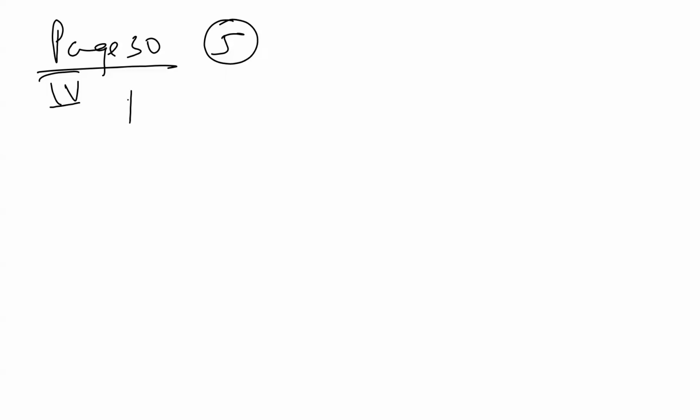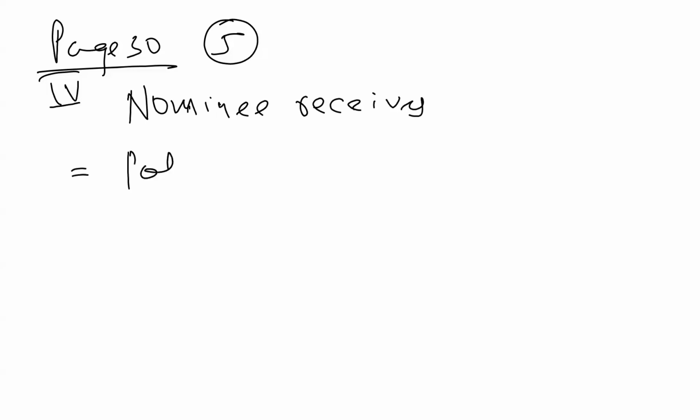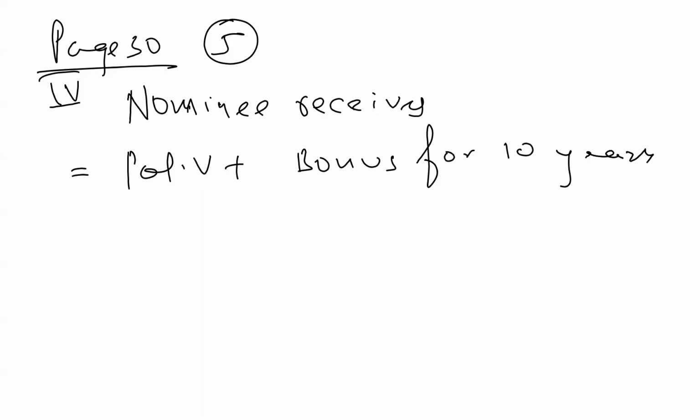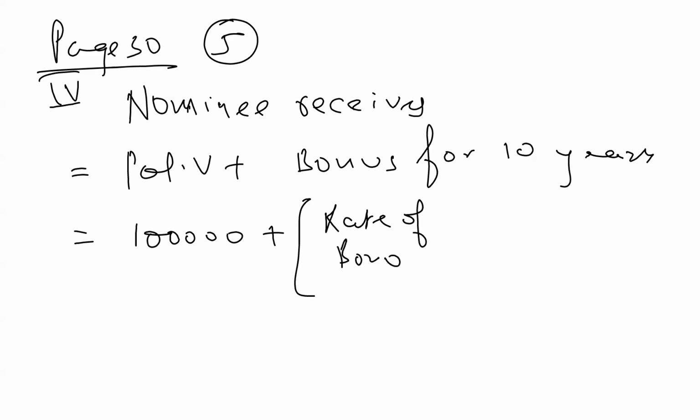So the nominee receives the entire policy value plus bonus for 10 years. The nominee will get the policy value of 1 lakh plus the rate of bonus into policy value into the total number of years for which he had paid his premiums.